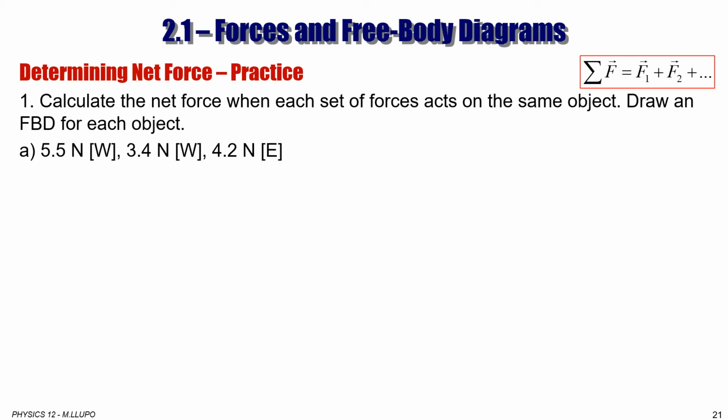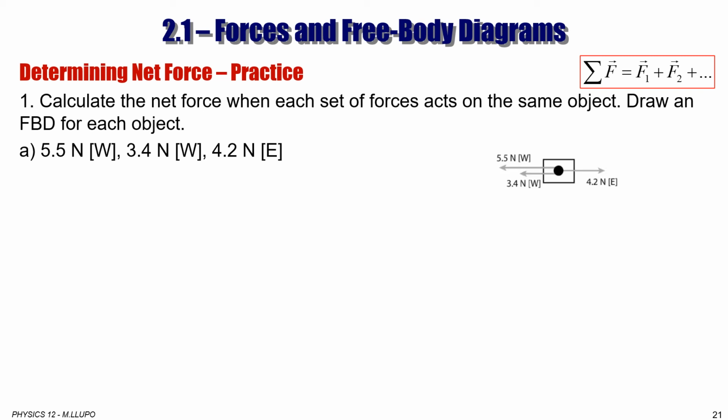Now we have some practice problems using the sum of all forces or F net. It's the same thing. Calculate the net force when each set of forces acts on the same object. Draw a free body diagram for each object. So we have three forces: 5.5 Newton west, 3.4 Newton west, and 4.2 Newton east.